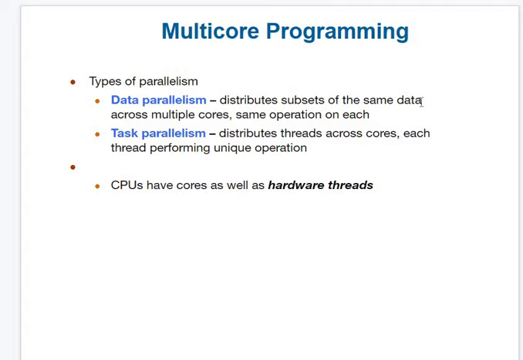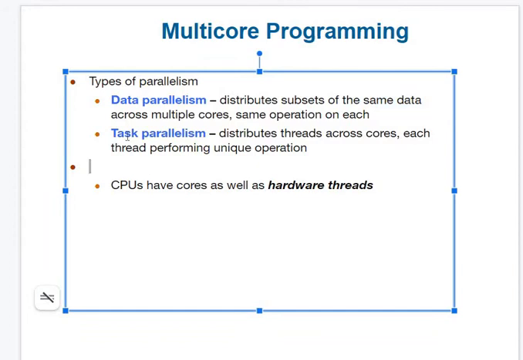Please remember, the same data is shared, whereas in task parallelism, some data will be common: the output of some thread, which we call a result, is shared with the next few threads. That is called task parallelism. Very simple: if we organize sports game 1 and game 2 parallelly in the same slot, it is called task parallelism.